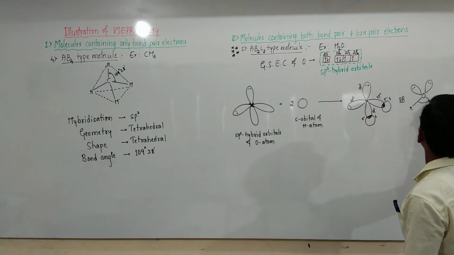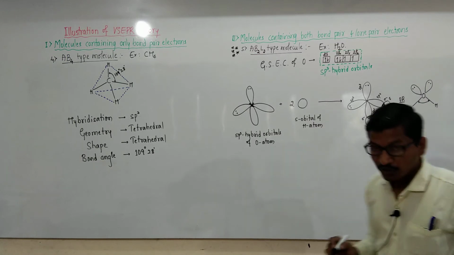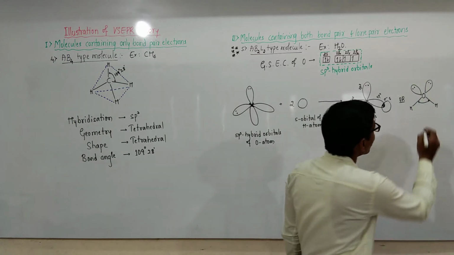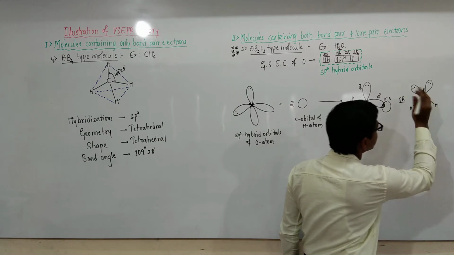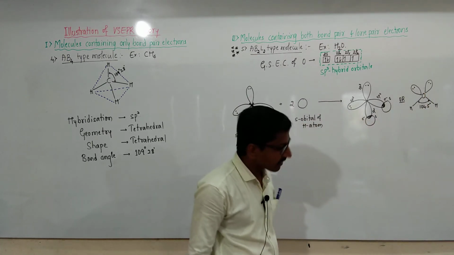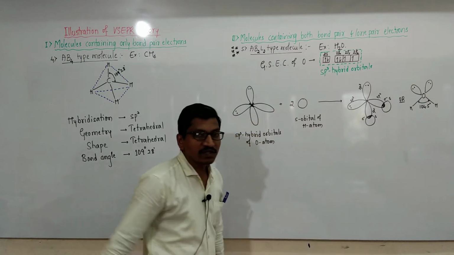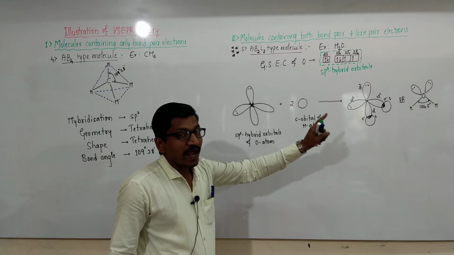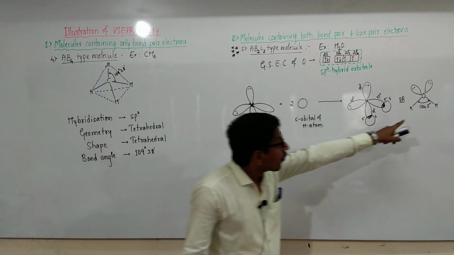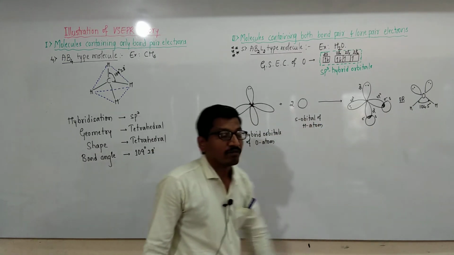And the bond angle reduces to 104.5 degrees, because there are 2 lone pairs on the central atom. The bond angle reduces from 109 degrees 28 minutes to 104 degrees 5 minutes.